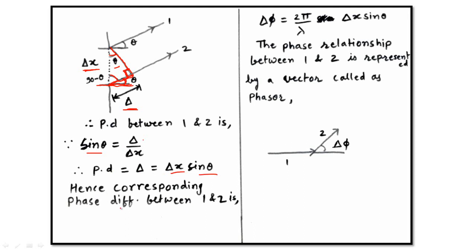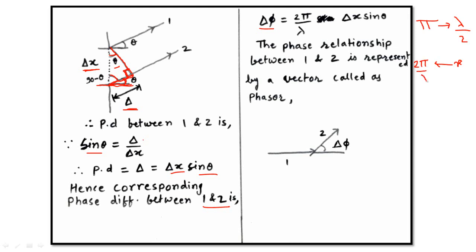Hence the corresponding phase difference between ray 1 and ray 2 is delta phi, and that delta phi will be equal to 2 pi by lambda into delta x sine theta, because we already have discussed many times that a phase difference of pi will always correspond to a path difference of lambda by 2, and hence for any path difference of x, the corresponding phase difference will be 2 pi by lambda multiplied by x.